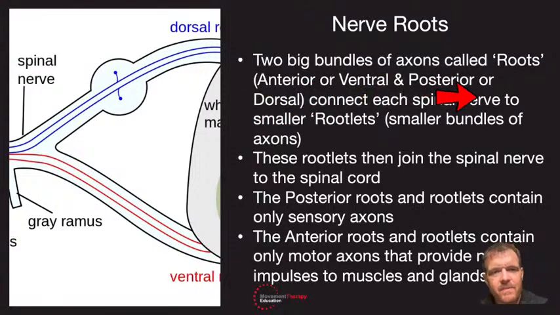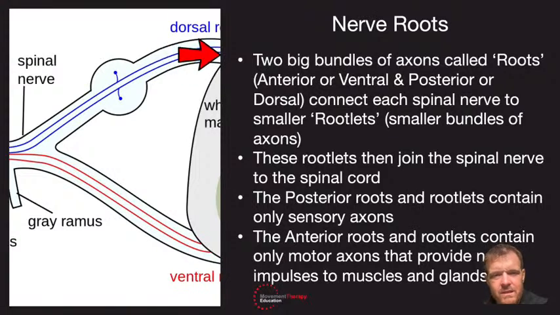These connect each spinal nerve to smaller things called rootlets, and we saw those on that last video where there were these tiny little strands before it became a root. Okay, now you can't really make it out on this picture very well, but I've got a better image later on, but just for now we've got the dorsal roots just here.